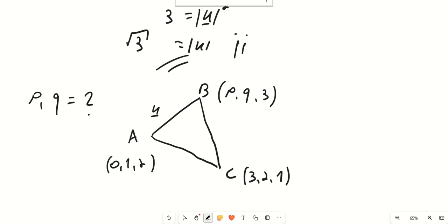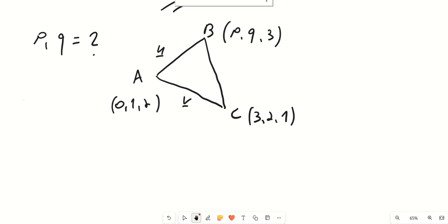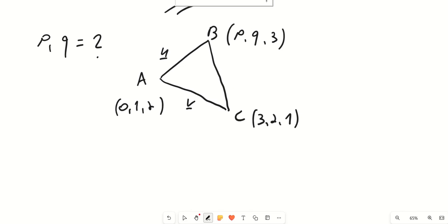And this was U and this was V. So I'm going to write down the length of AB, which is U. This will be P squared plus Q minus 1 squared plus 3 minus 2, which is 1 squared. And this is the length of U. So the length of U squared was 3.